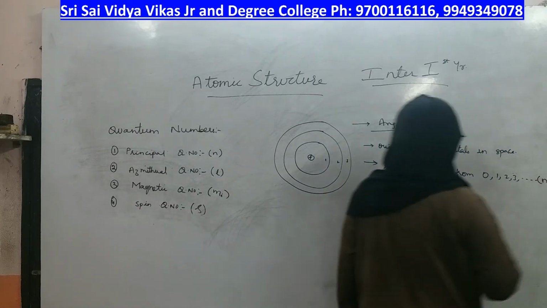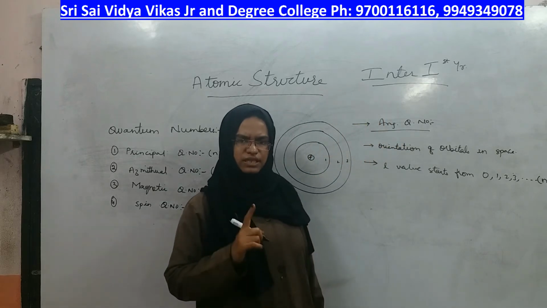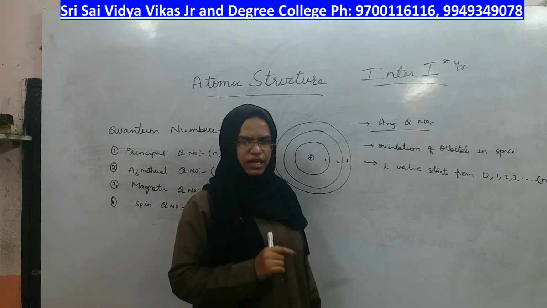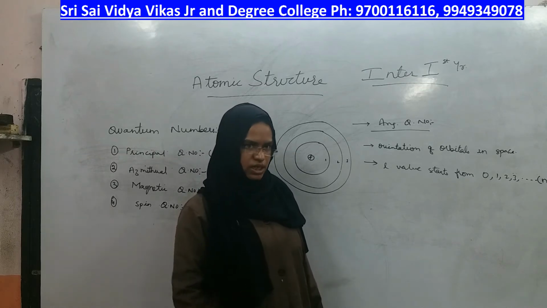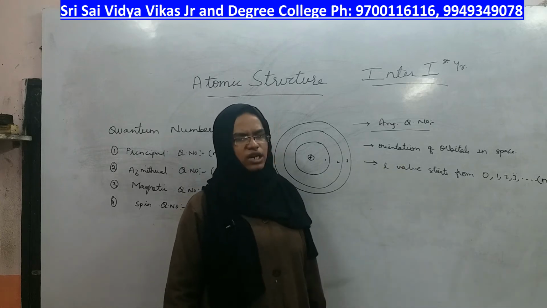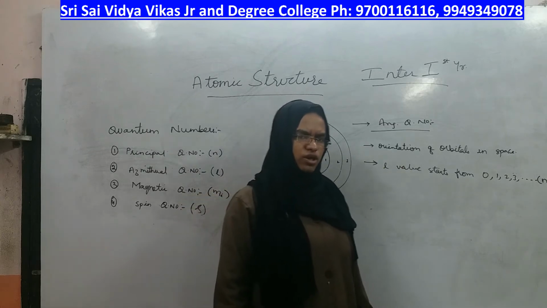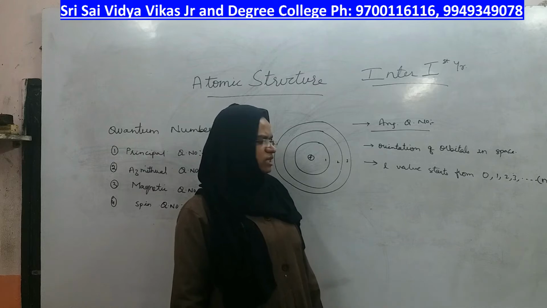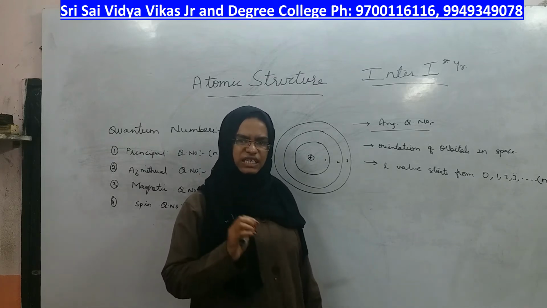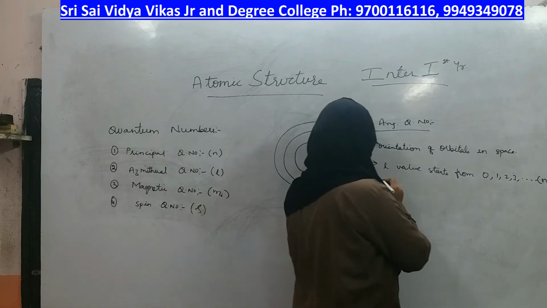So the starting value for L will be 0 and the maximum value possible for L will be n minus 1, right. One value lesser than n will be the largest value for L, the angular momentum quantum number. So now let us look at what the L values are for each n value.